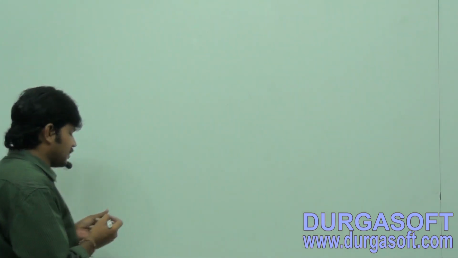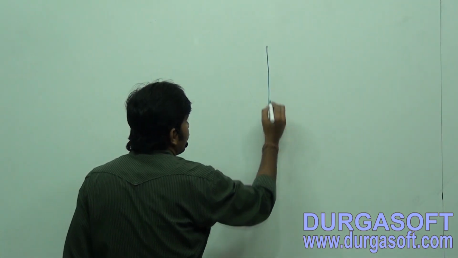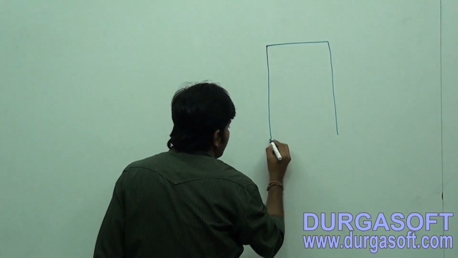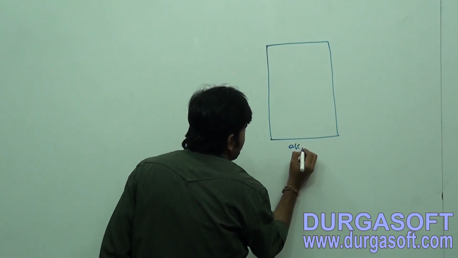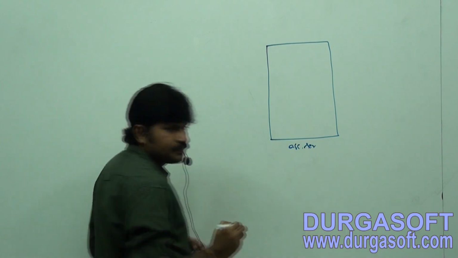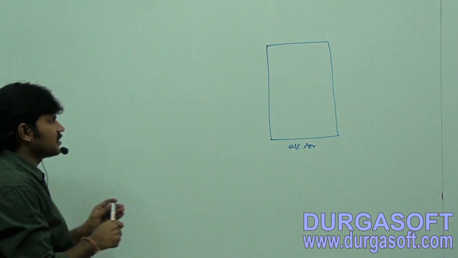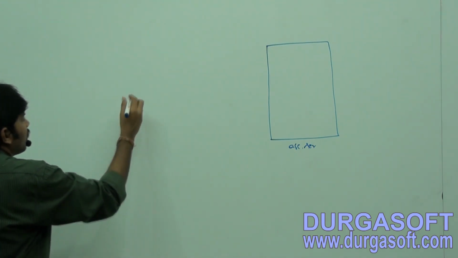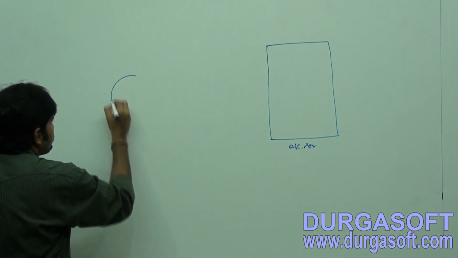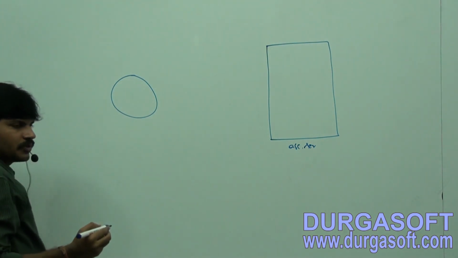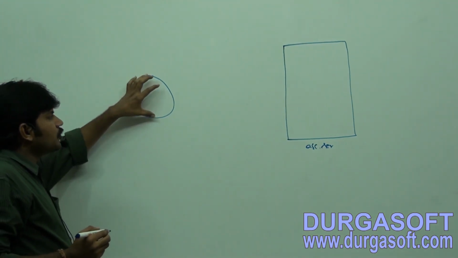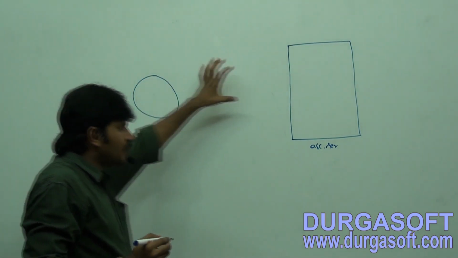Right now, observe this point well. I have one file, abc.ser. Now I have one object, and I want to write this object to the file.